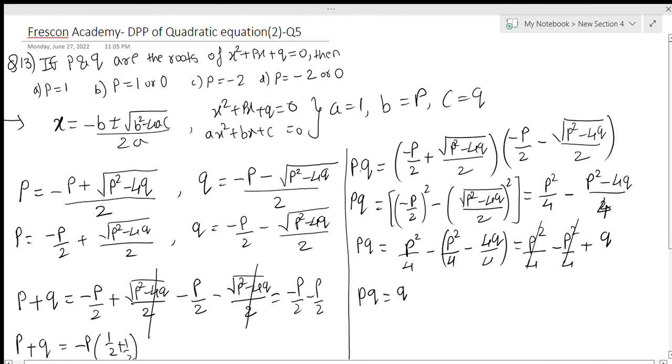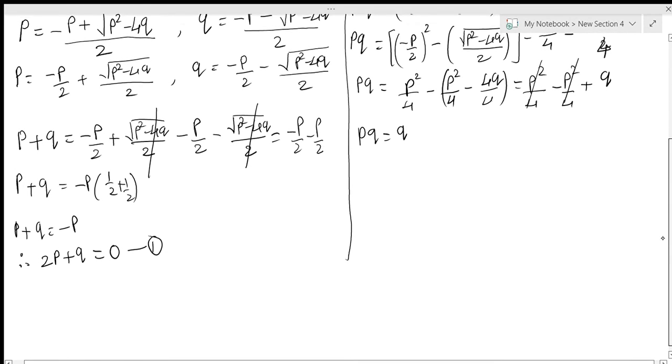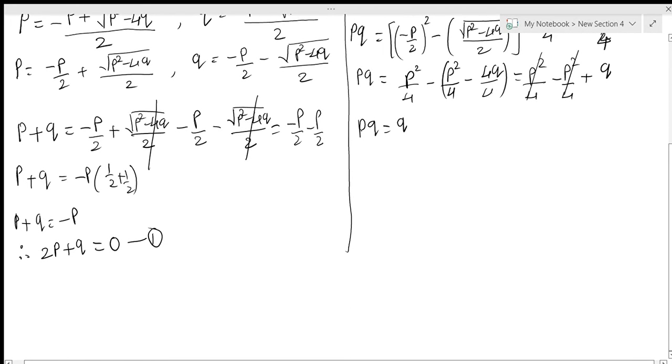Many students make a common mistake over here. They think that p into q is equal to q, so the value of p is equal to 1. Yes, this is absolutely right, but there is another possibility: if you want p into q to be equal to q, you can put q is equal to 0 as well.